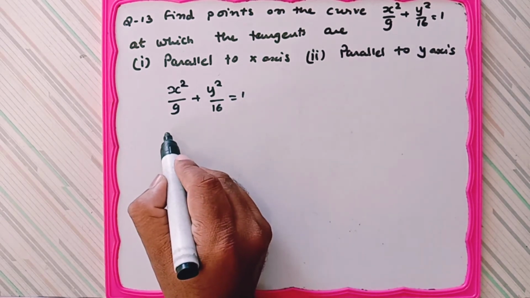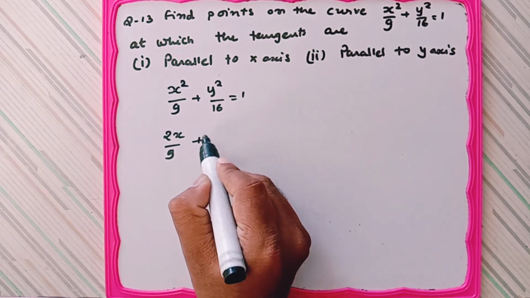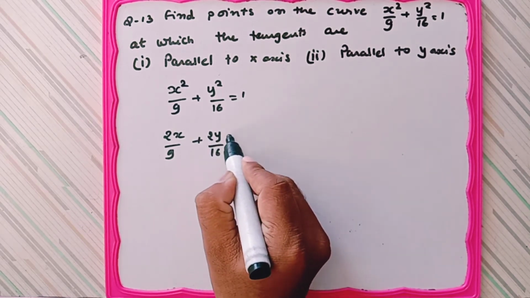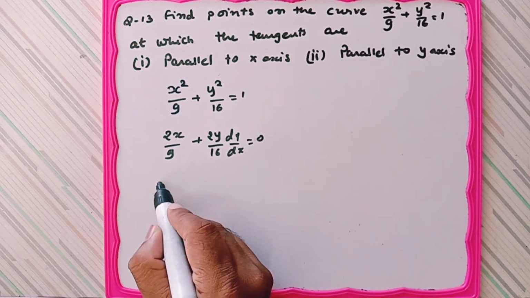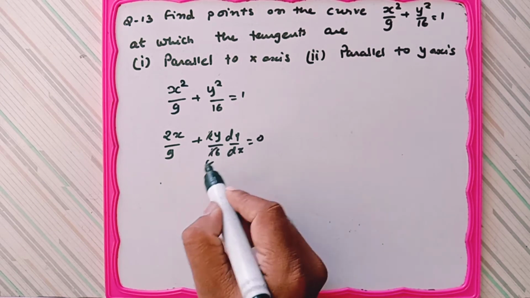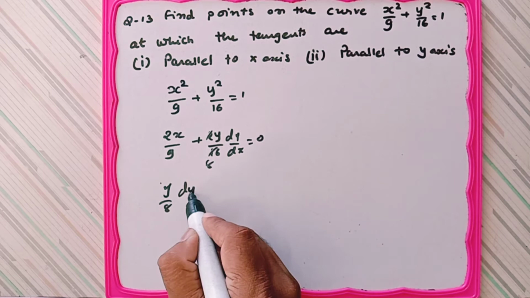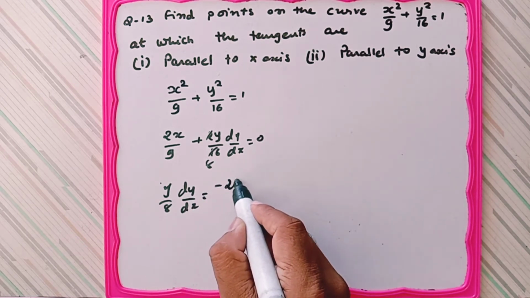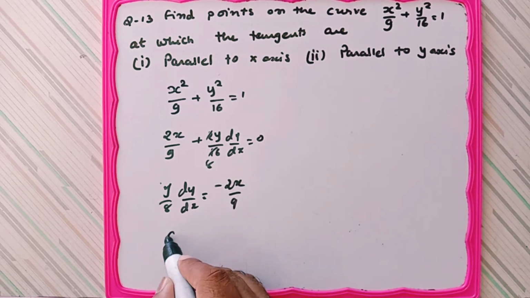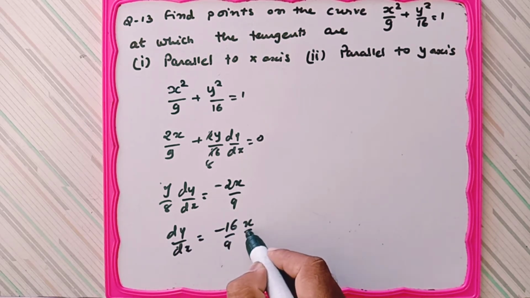We differentiate with respect to x, then 2x by 9 plus 2y by 16 dy by dx equals 0, and so y by 8 dy by dx equals minus 2x by 9, and so dy by dx equals minus 16 by 9 x by y.